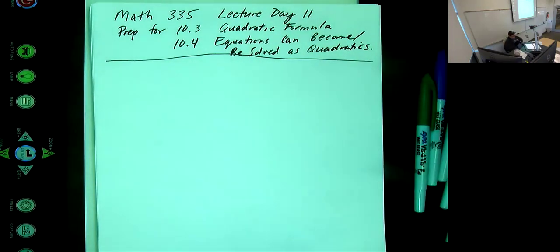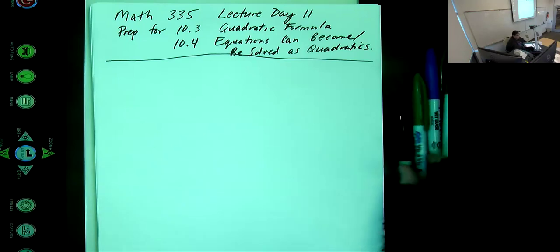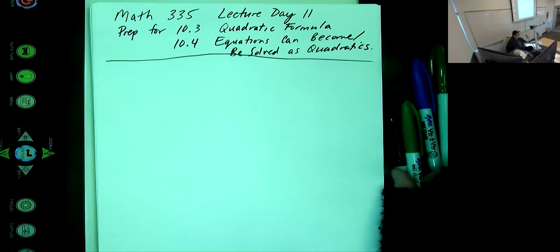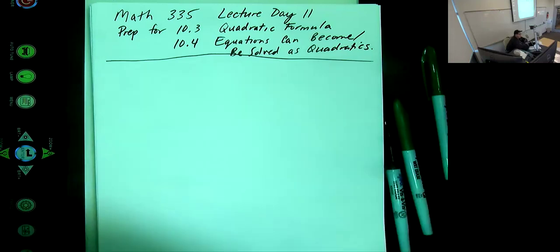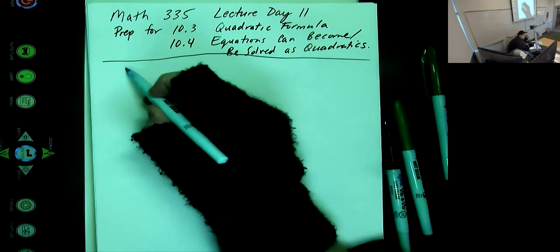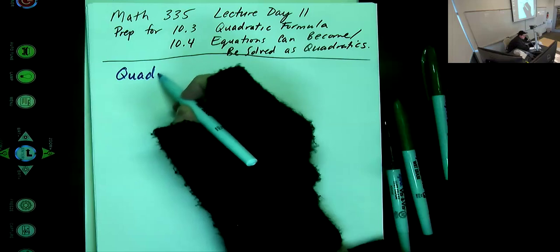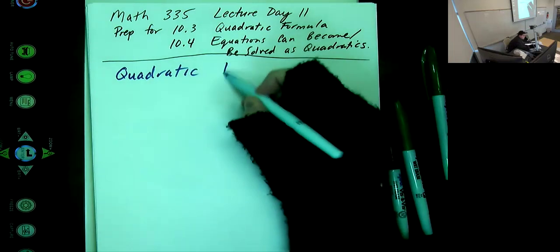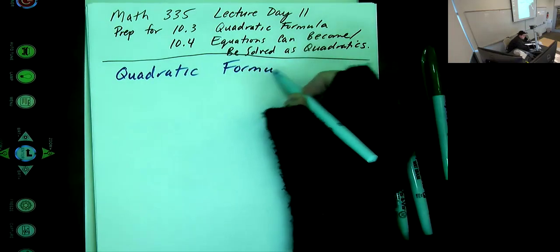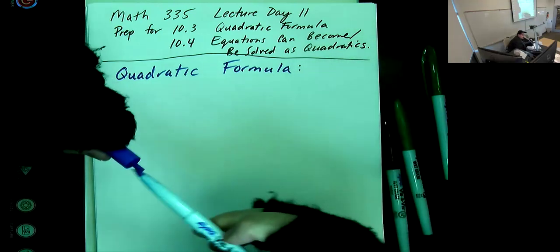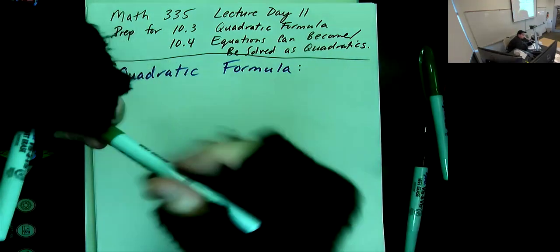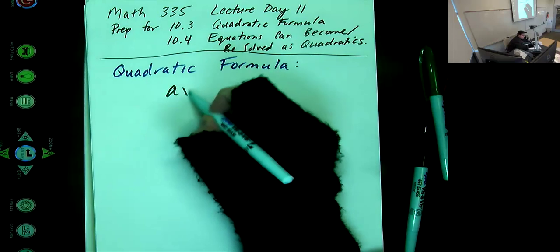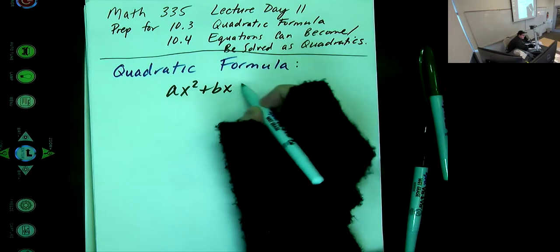So 10.3. This one is a lot of just, what is everything? Just plug it in. So quadratic formula, let's get it on paper. Starting with ax squared plus bx plus c equals 0.